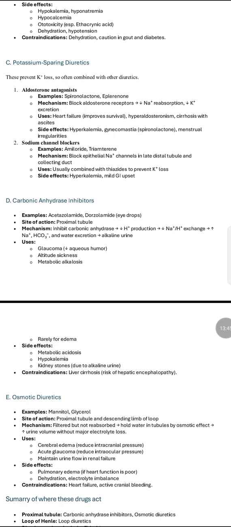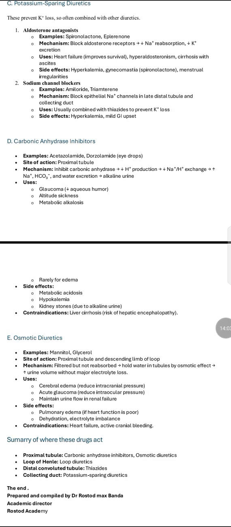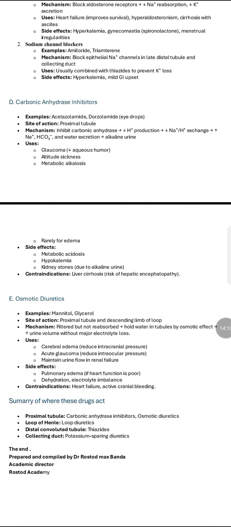They will block the epithelial sodium channels in the distal tubule. Usually combined with thiazides to prevent potassium loss. Okay, hyperkalemia. Carbonic anhydrase inhibitors like acetazolamide, dorzolamide. Site of action is the proximal convoluted tubule.